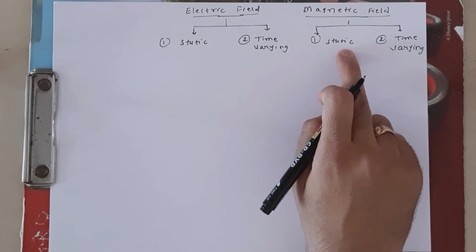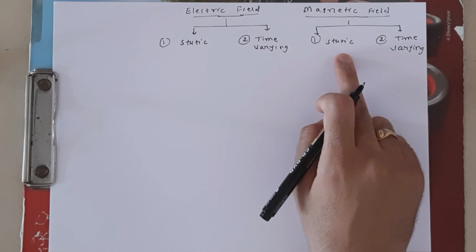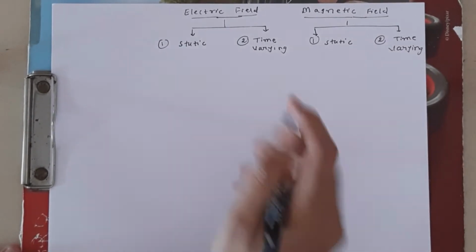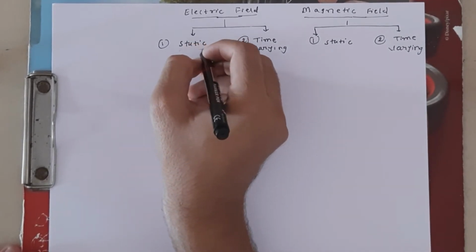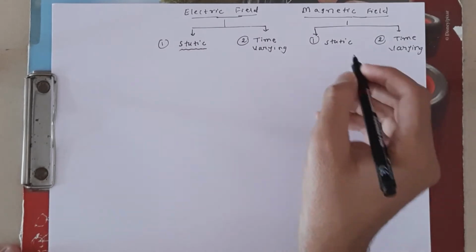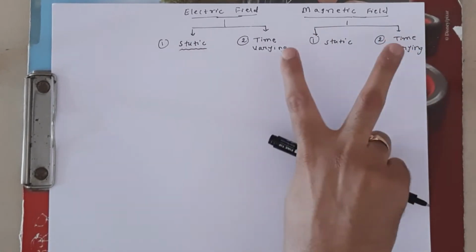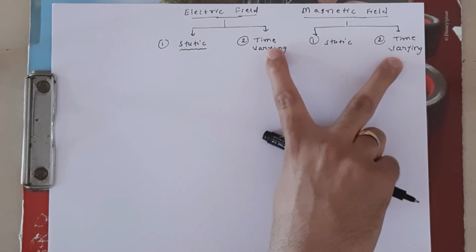DC current is a source of static magnetic field. In this chapter we discuss the static electric field, and in the next chapter we will discuss the static magnetic field, and after that we combine these two, time varying electric field and time varying magnetic field.